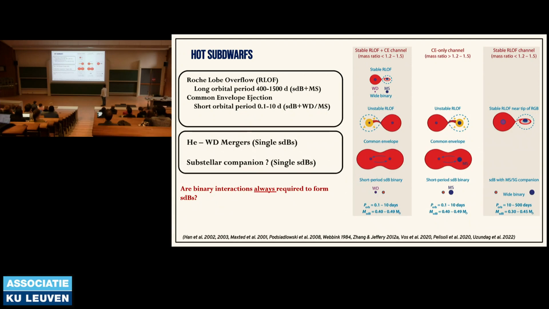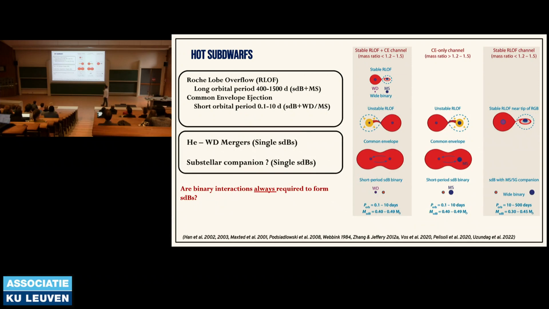In this case, the mass accretion is rather stable, and the orbital separation increases due to the accretion. What remains is the hot subdwarf B star in a really long orbit, around 500 days up to 1,600 days, with a main sequence star, which can be FGK type.